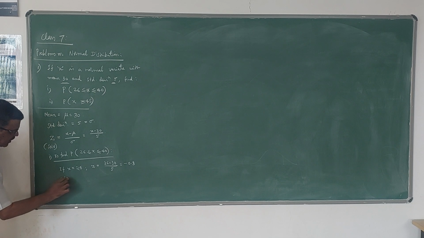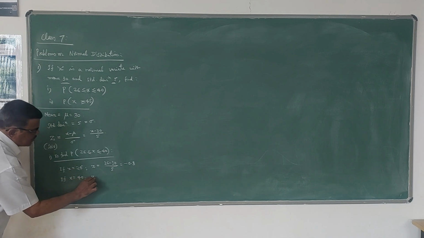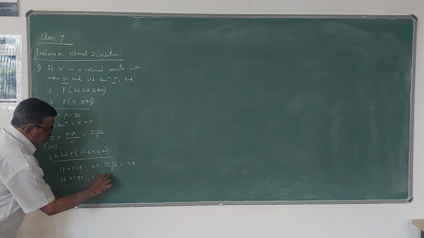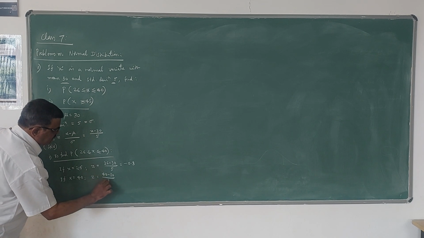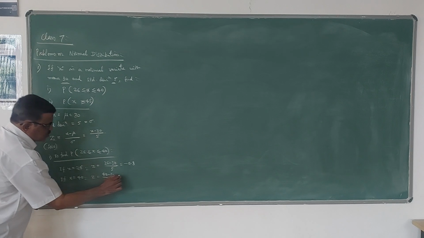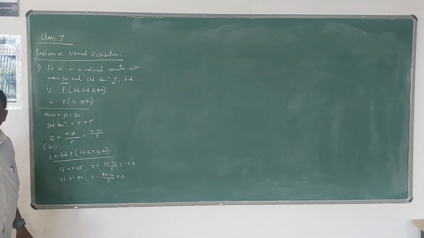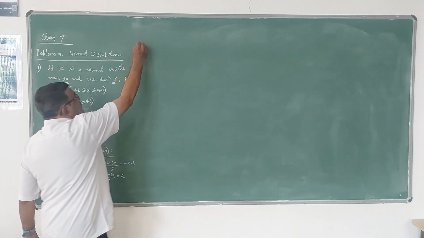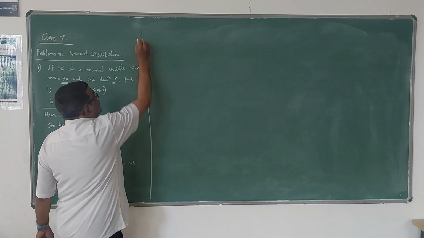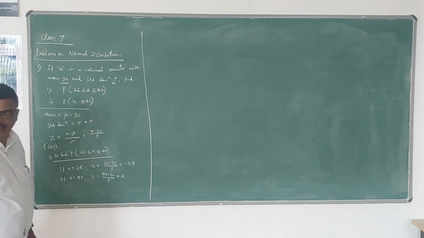If x is 40, z is equal to 40 minus 30 divided by 5, that is 2. So we have found the value of z for the given values of x.